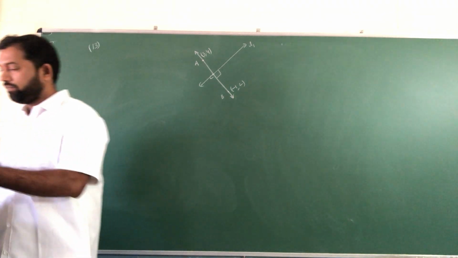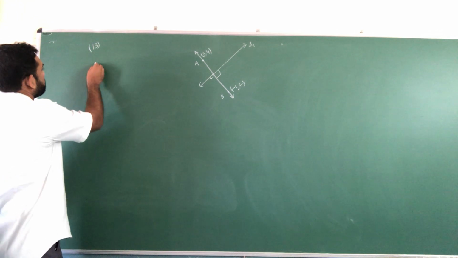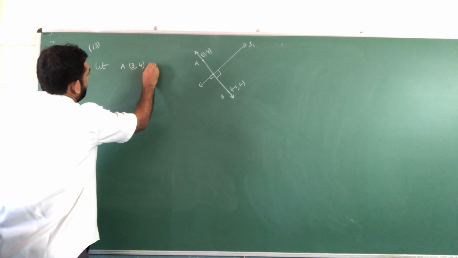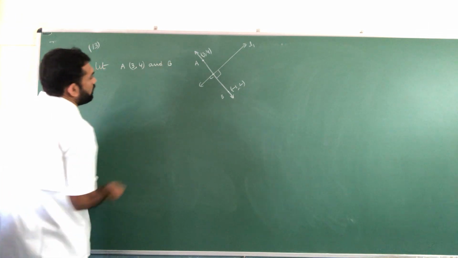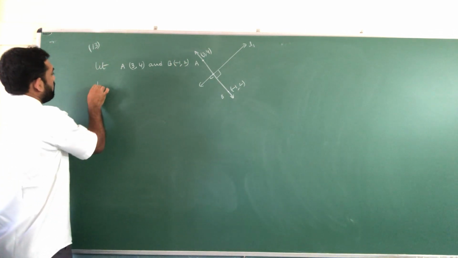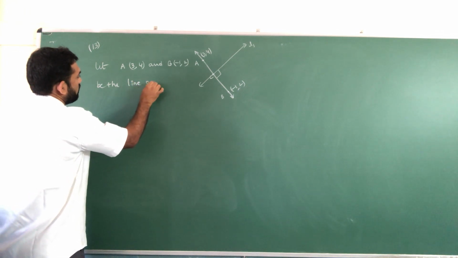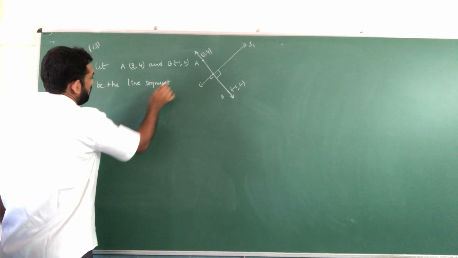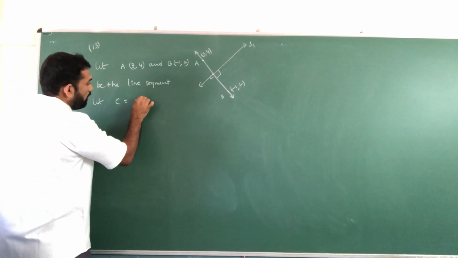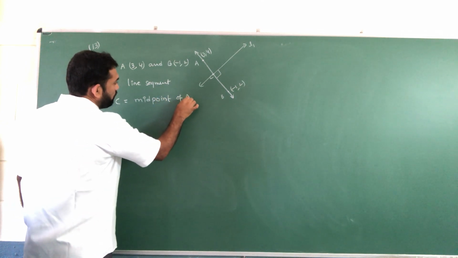Midpoint, passing through that. Right? So let A be (3, 4) and B be (minus 1, 2) be the line segment. With the line segment, let C be the midpoint of AB.